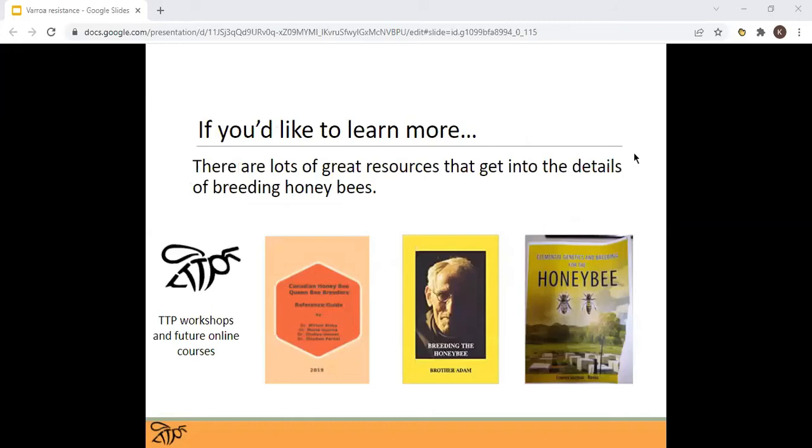And I'm not here to discuss those complexities today. This presentation is really going to be focusing on specific traits that can be bred for, rather than how to set up a successful breeding program overall. But if you'd like to learn more about breeding honeybees in particular, there are some great resources out there you can check out.